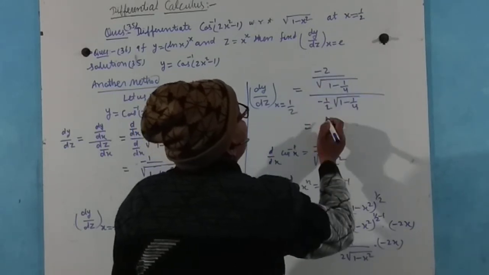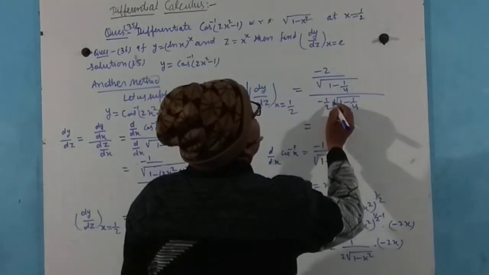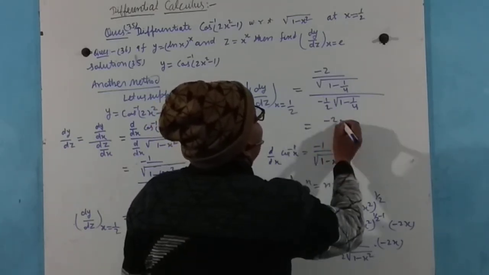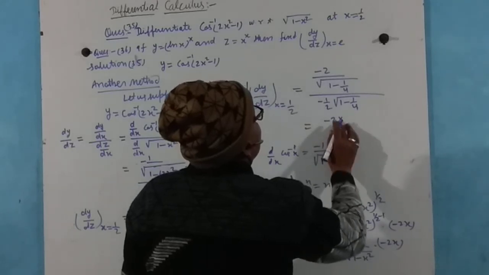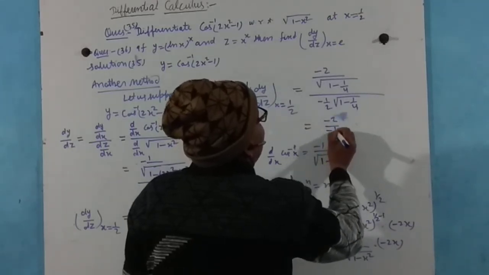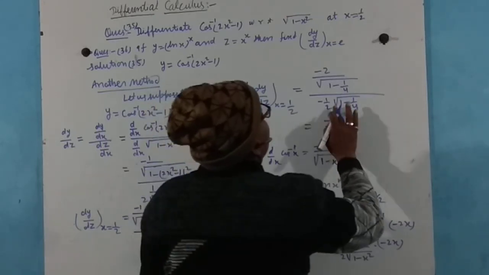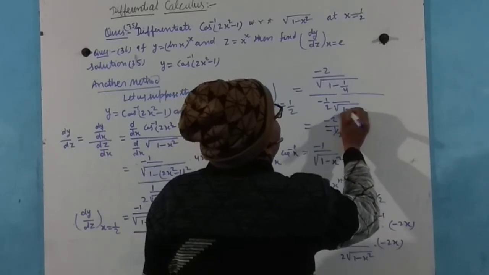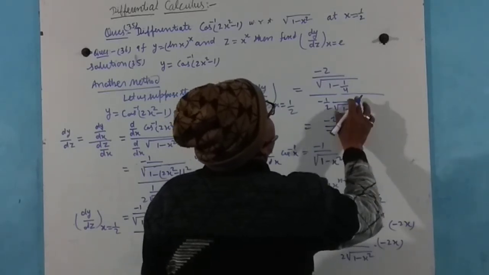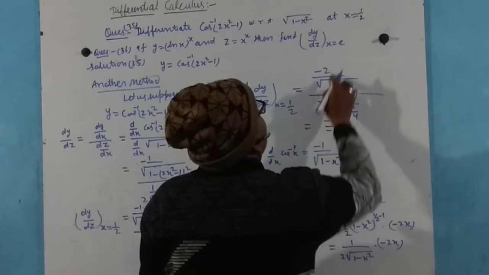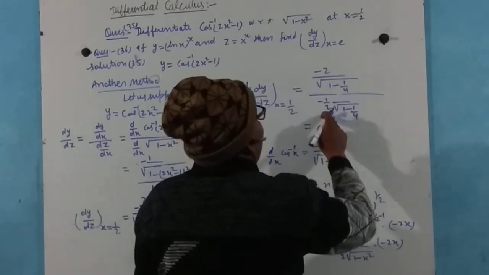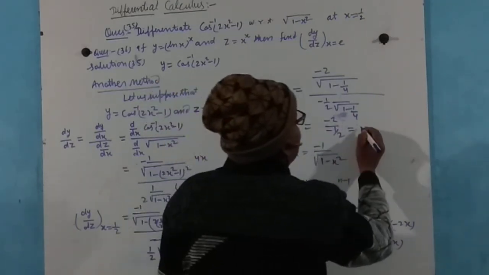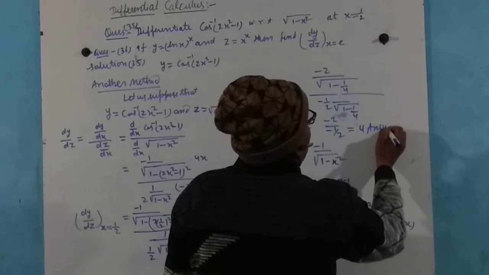So this is equal to minus 2 divided by minus half, and here 1 by under root 1 minus 4 cancels, and minus 2 divided by half, so that this is plus 2 to the 4, this is our answer.